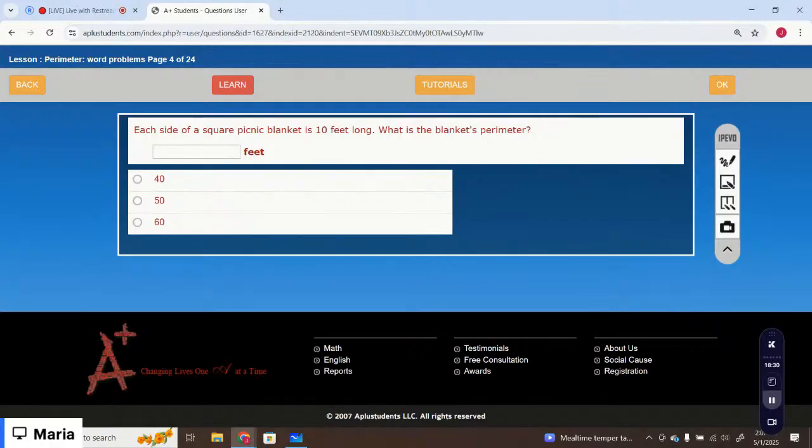Each side of a square picnic blanket is 10 feet long. What is the blanket's perimeter? So which is the correct option? Perimeter is the sum of the measurements of all these sides.